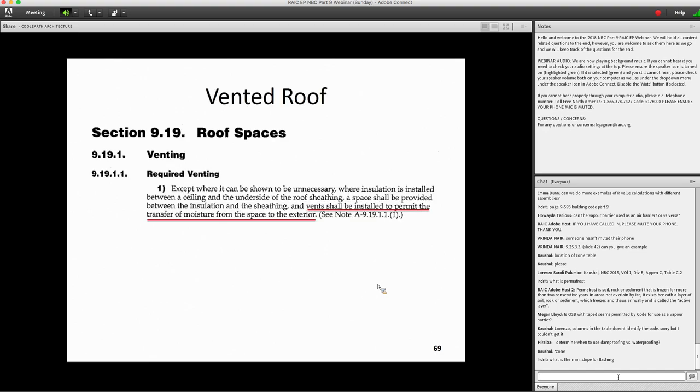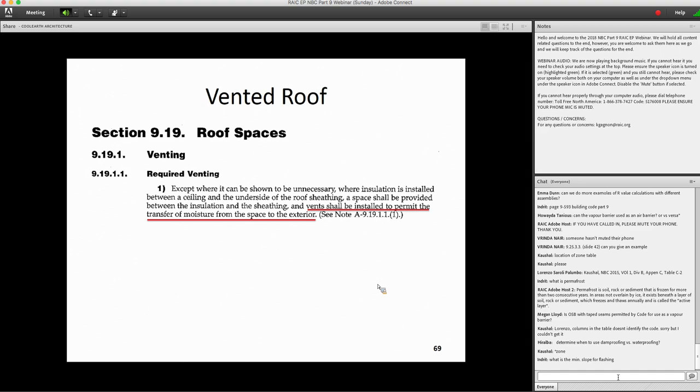Vapor control. Except where it can be shown to be unnecessary, where insulation is installed between a ceiling and the underside of roof sheeting, a space shall be provided between the insulation and the sheeting, and vents shall be installed to permit the transfer of moisture from the space to the exterior.